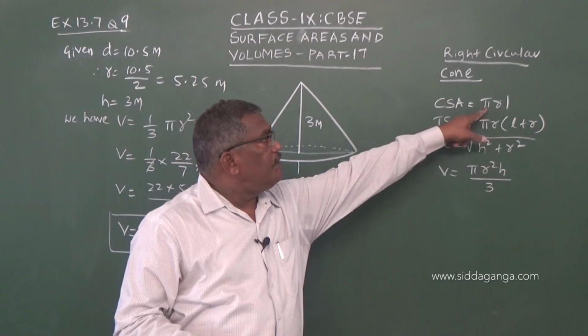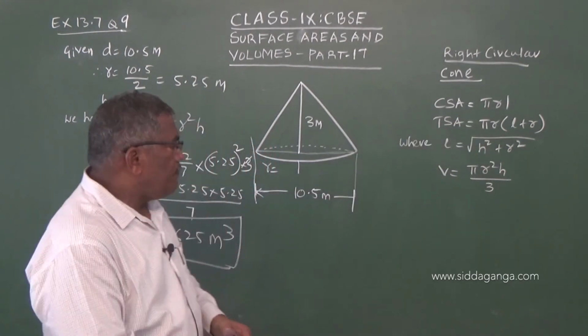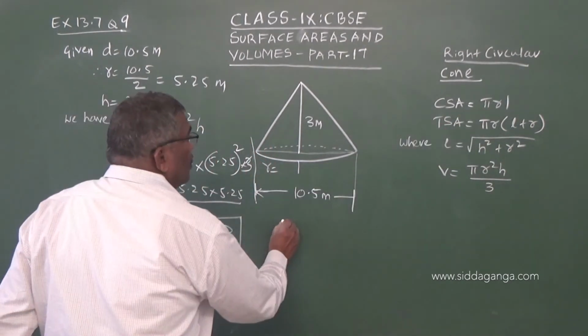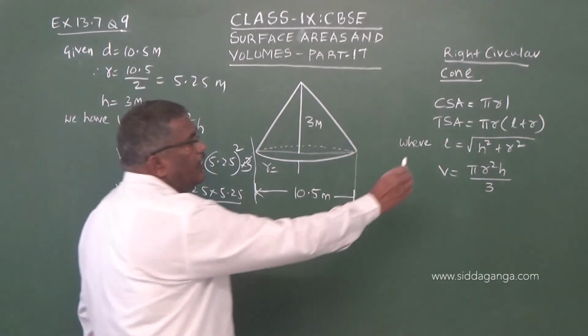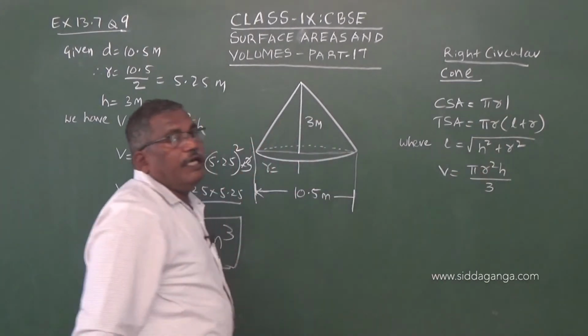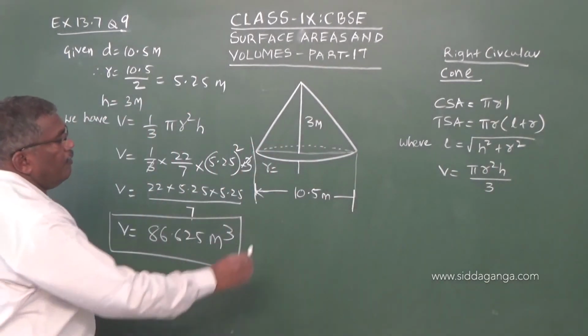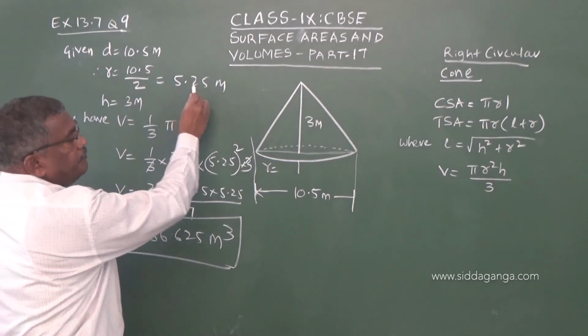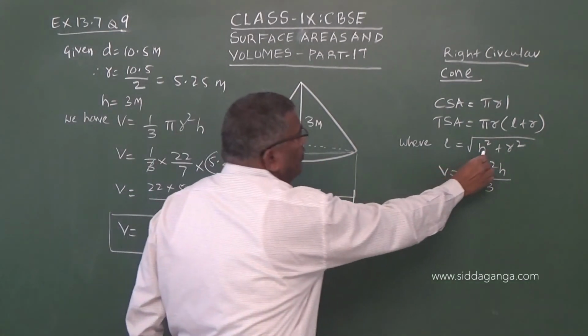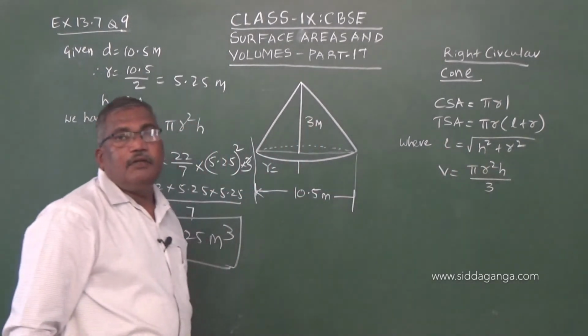So, we have to use this formula and find the curved surface area. To find curved surface area, what we want is l. You can see here, we have r, that is 5.25, and h. We have to calculate l.